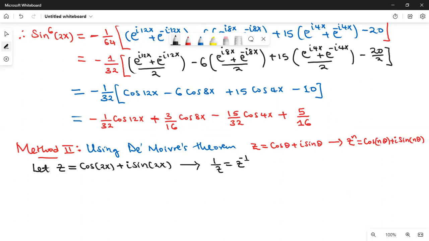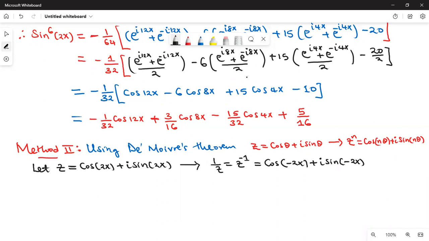So apply de Moivre's theorem here. In this case, our n is negative 1. This will give you cosine of negative 2x plus i sine of negative 2x.